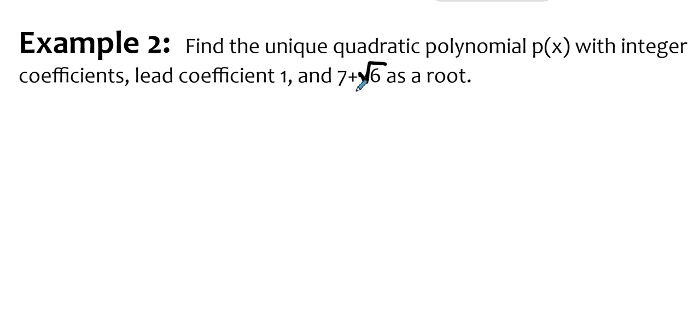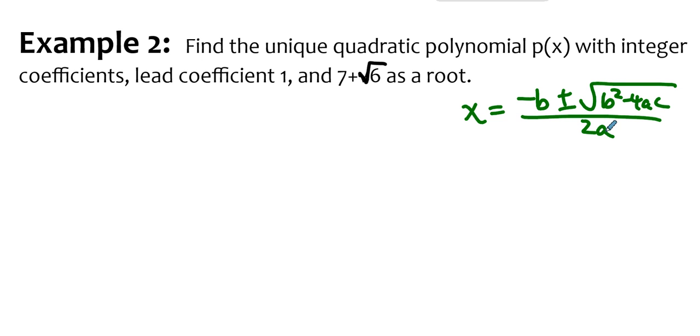Well, where did this 7 plus root 6 come from? It came from x equals -b plus or minus square root of b squared minus 4ac all over 2a. So if 7 plus root 6 is a root, then 7 minus root 6 is a root, as long as the coefficients are integers.